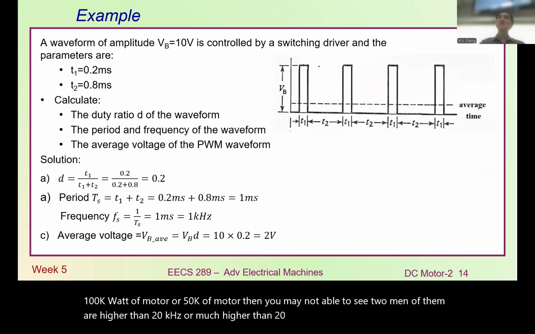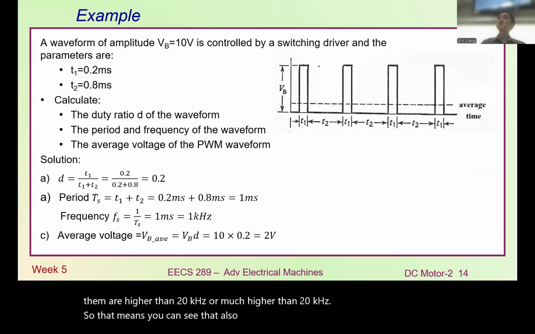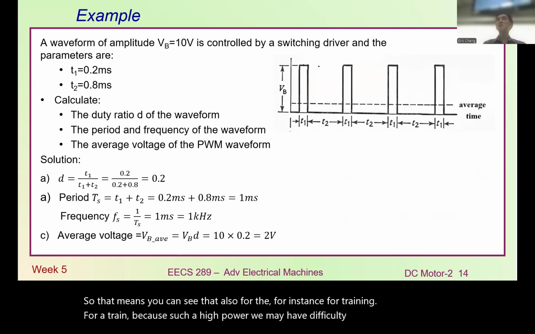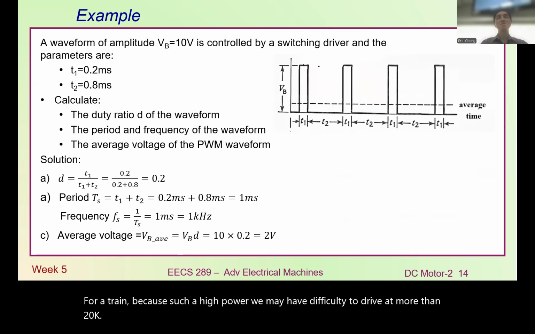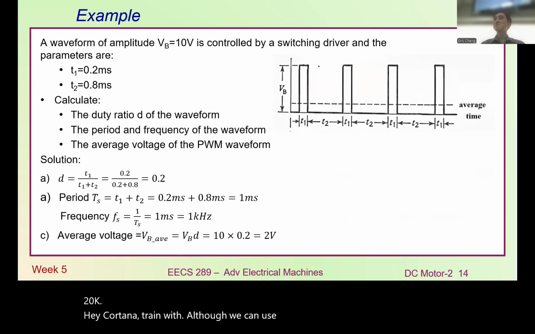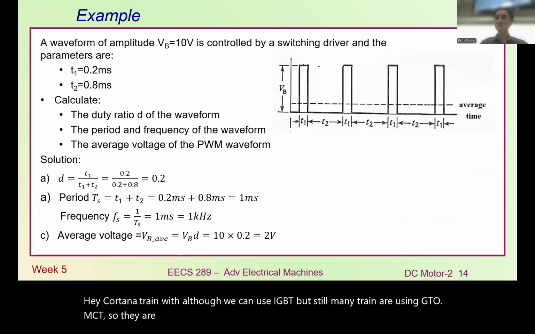So that means you can see that also, for instance, for a train, because of such high power, we may have difficulty driving at more than 20K. Although we can use IGBT, many trains are still using GTO, MCT, so they're not good at such a high frequency.